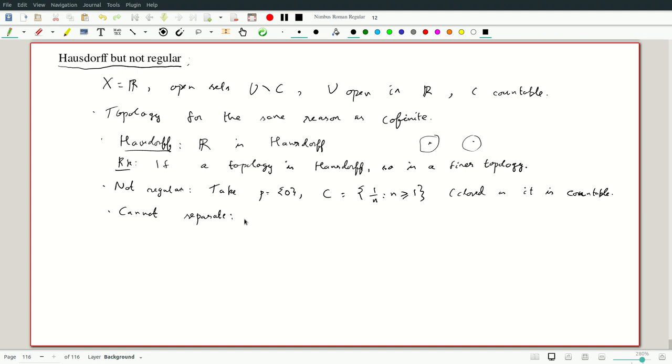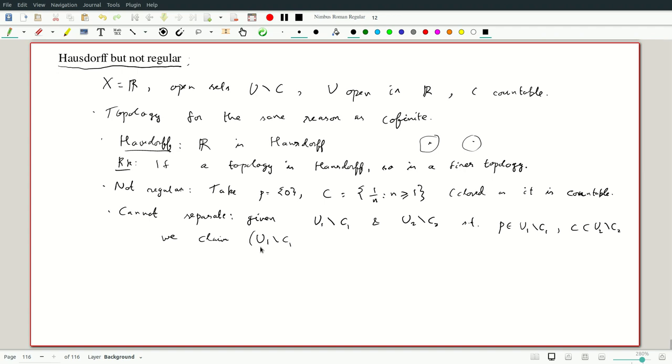Namely, given U1 minus C1 and U2 minus C2, where C1 and C2 are countable sets, such that P is in U1 minus C1 and C is contained in U2 minus C2, we claim they intersect.